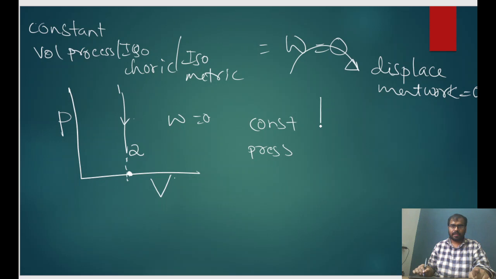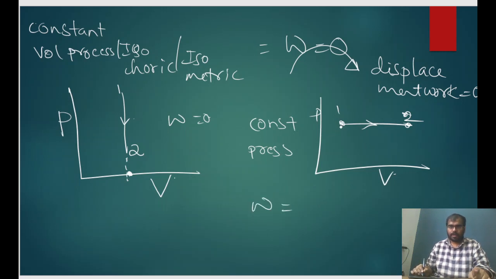See the next process, constant pressure process. For this, the PV diagram is like this, process 1 to 2. What is the formula for work done? The area under the PV diagram on the volume axis. If you find this complete area, you will get the work done.